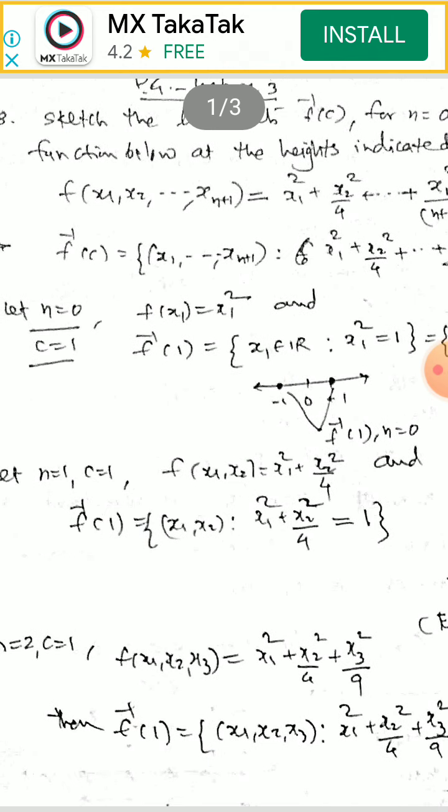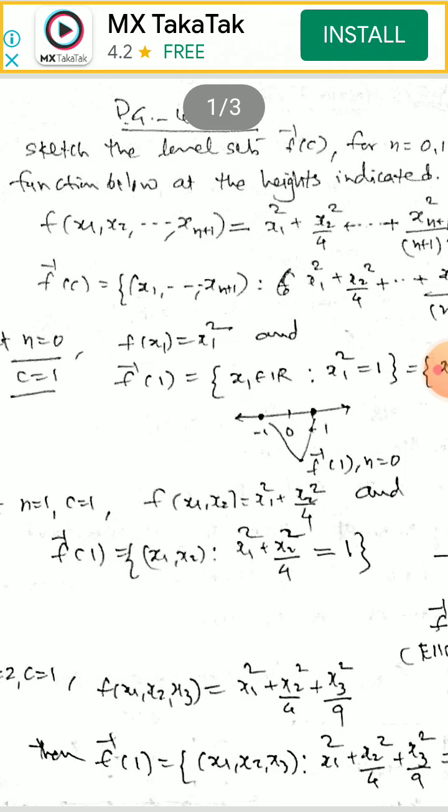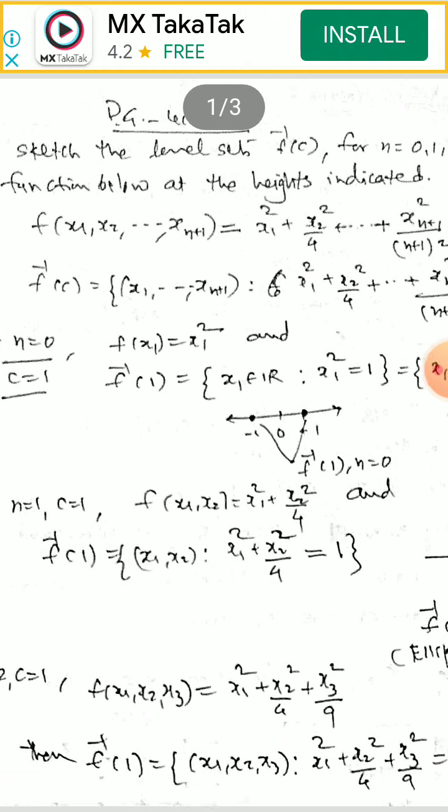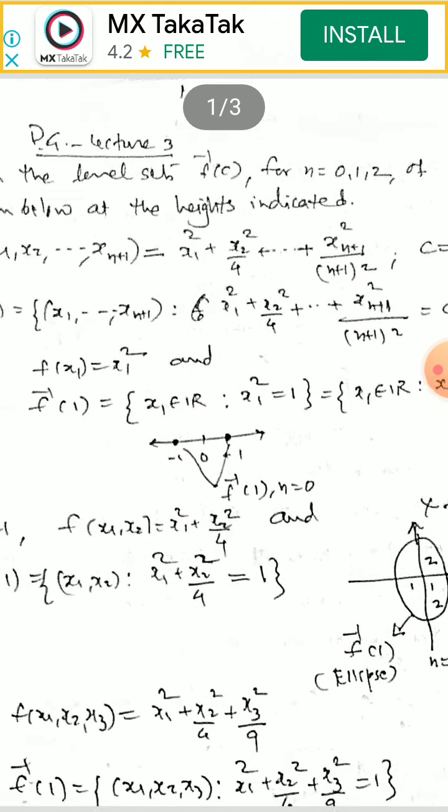Now recall the definition of f inverse c. F inverse c is equal to the set of all ordered n plus 1 tuples x1, x2, ..., xn plus 1, where x1 square plus x2 square upon 4 plus ... plus xn plus 1 square upon n plus 1 square is equal to c.